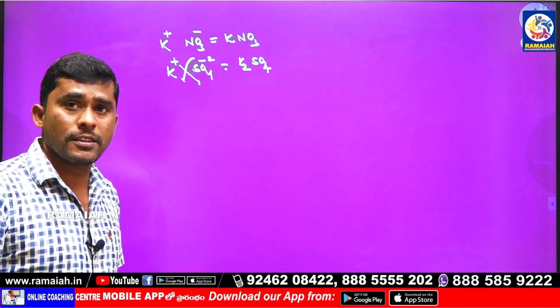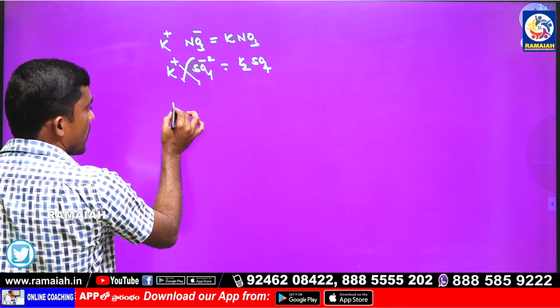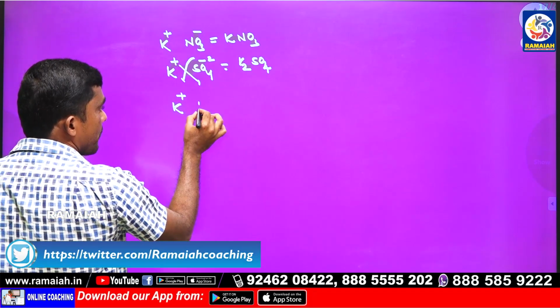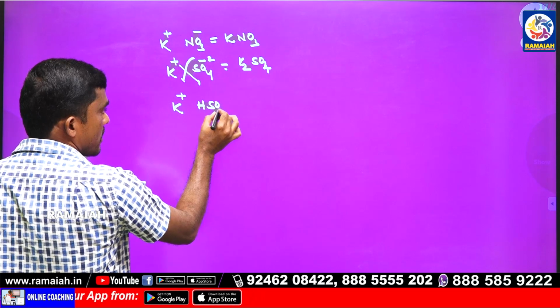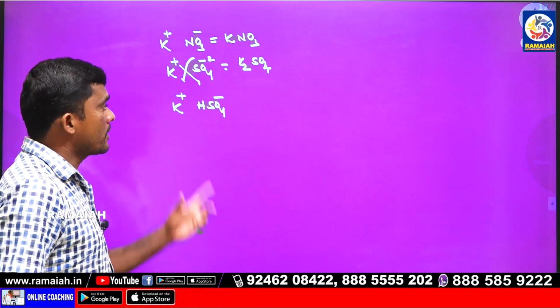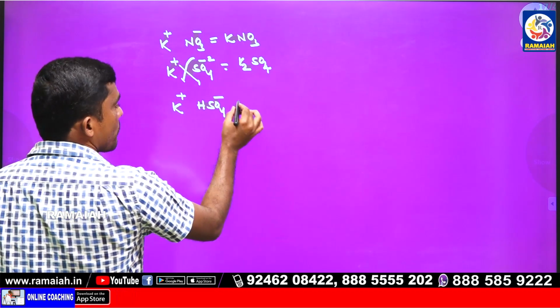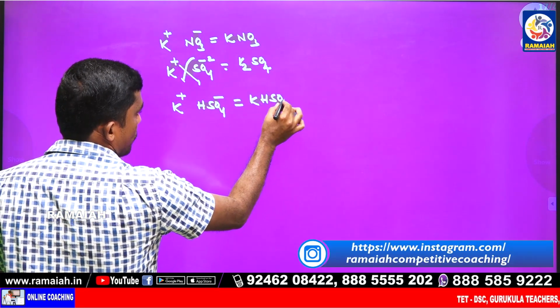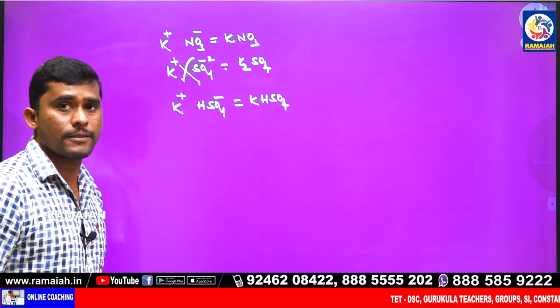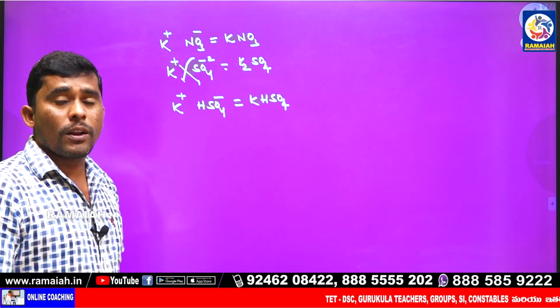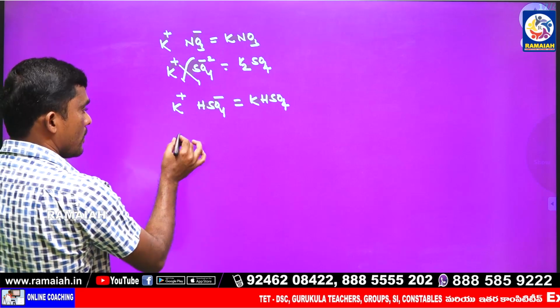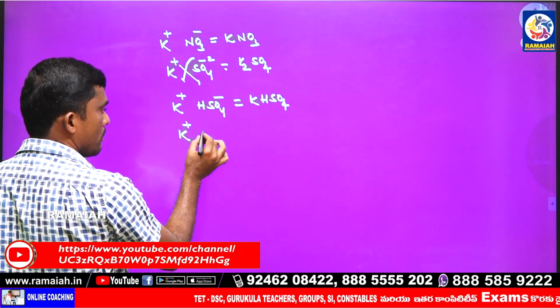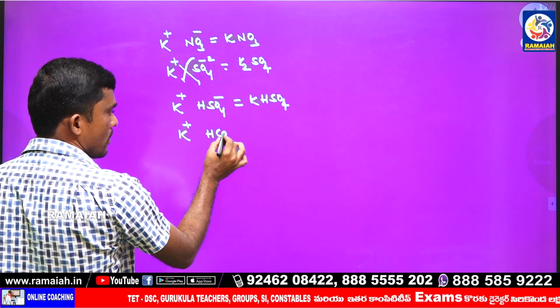Potassium bisulfate. Potassium means K plus. Bisulfate means HSO4 minus. Here charges are equal, so the formula is KHSO4, potassium bisulfate. Potassium bicarbonate. Potassium is K plus. Bicarbonate is HCO3 minus.